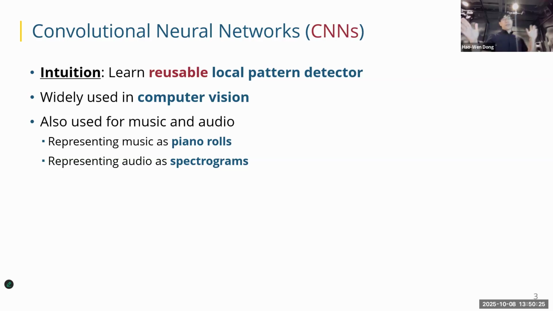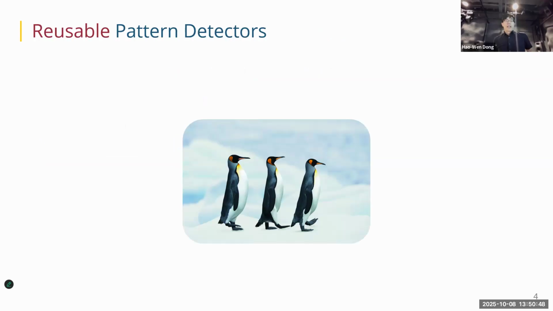So you can also apply CNNs to music and audio, although the asymmetric X and Y axes have slightly different meanings. But the core idea of convolutional neural networks still holds: translational invariance, and reusable local pattern detectors.